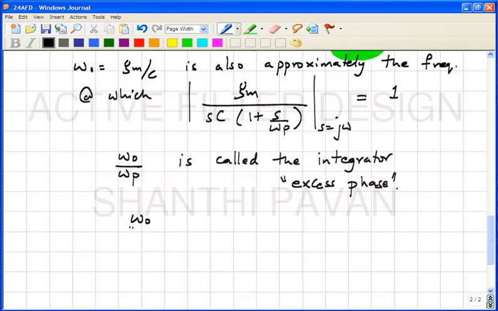And we know that omega naught by omega p must be much smaller than 1 by 2Q, which is basically the phase margin of the loop to begin with. The excess phase introduced by each integrator must be much smaller than the phase margin. That's all that this is saying.